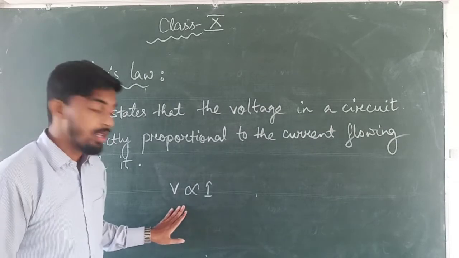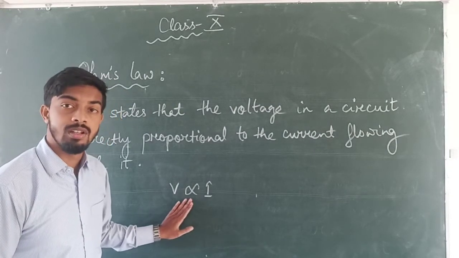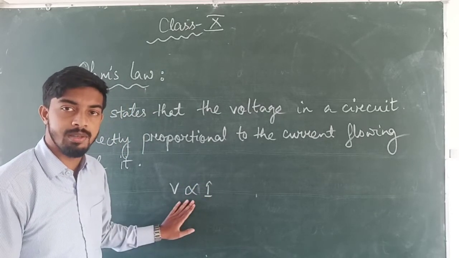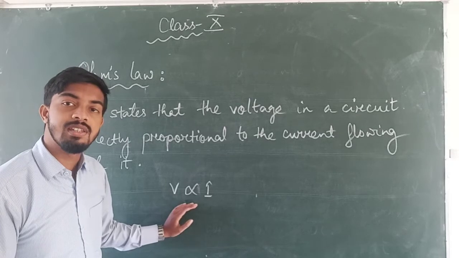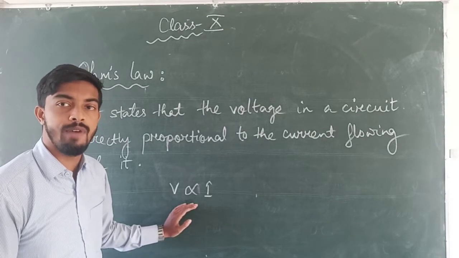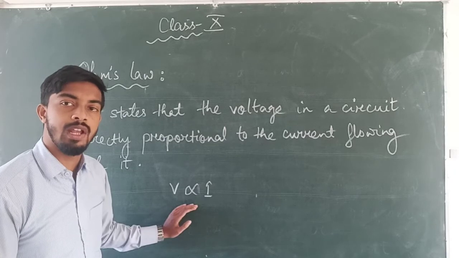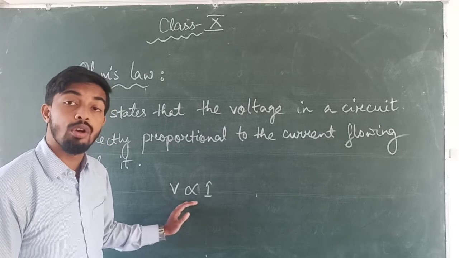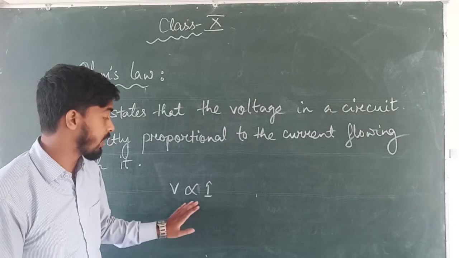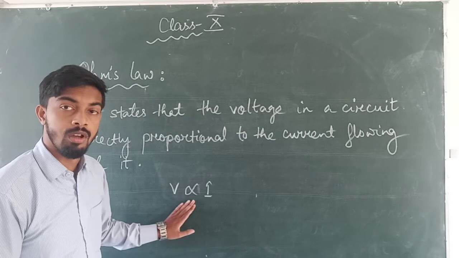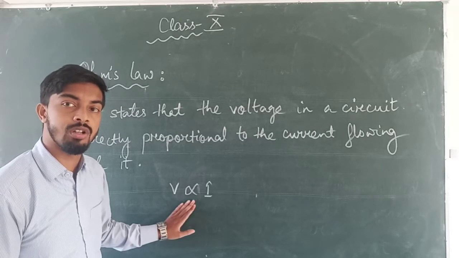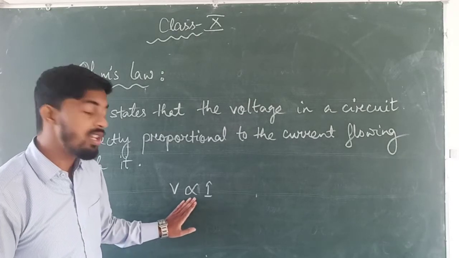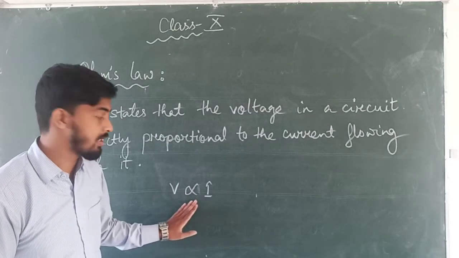Now, if you see here, there is a new symbol. This is a proportional symbol, and whenever this symbol is there, we cannot reach a final conclusion. If you are doing some numerical calculations, we can only solve an equation if there is an equal sign. So we need to remove this proportional symbol.